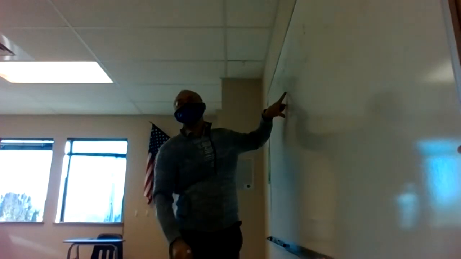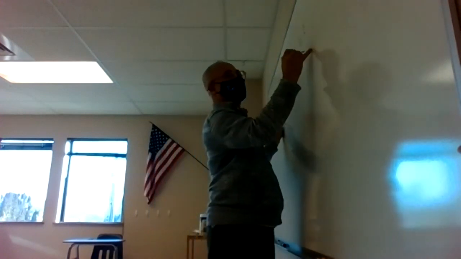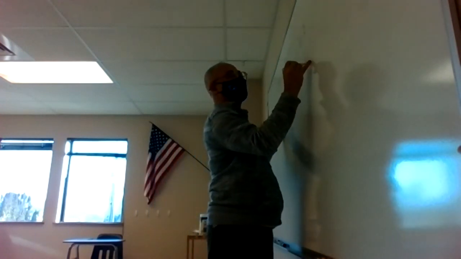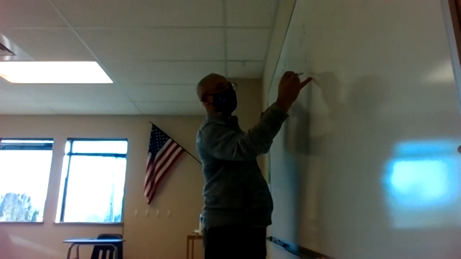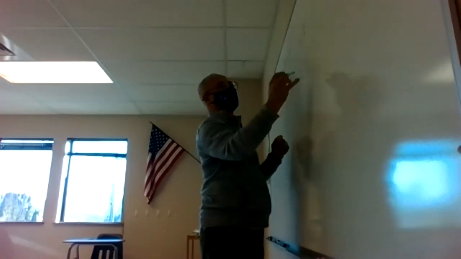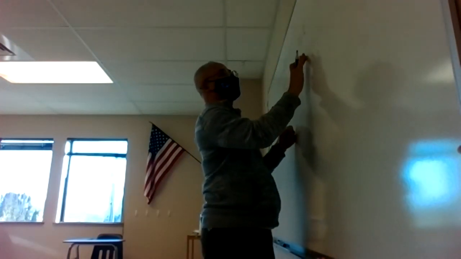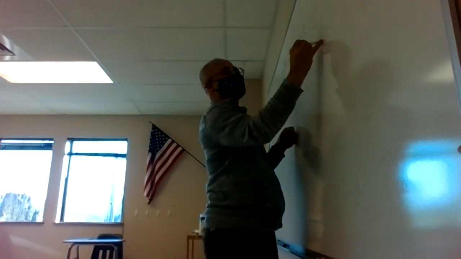So the voltage across here is 9 volts, and the resistance here is 3 ohms. So I1 is going to be equal to 9 volts over 3 ohms, which is 3 amps.